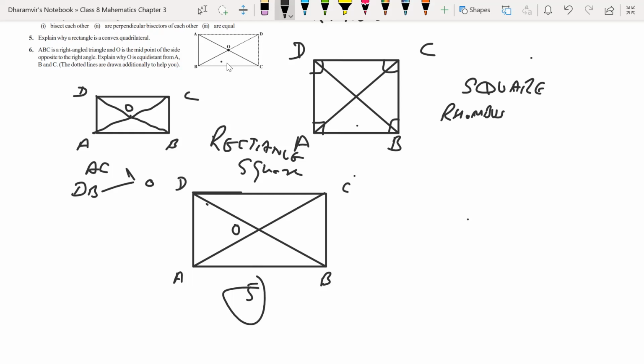ABC is a right angle triangle. O is the midpoint of the side opposite to the right angle. Explain why O is equidistant from A, B, and C. We have to explain.